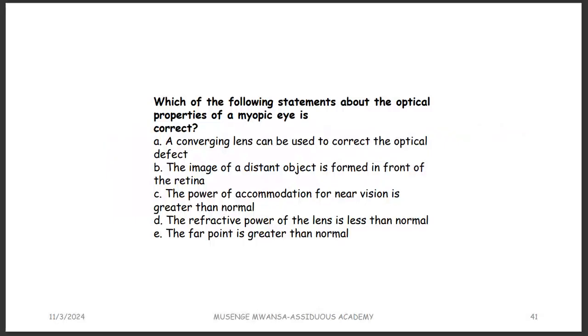Which of the following statements about the optical properties of a myopic eye is correct?